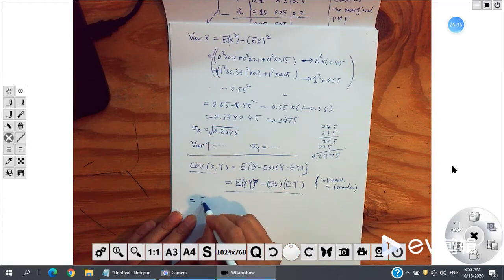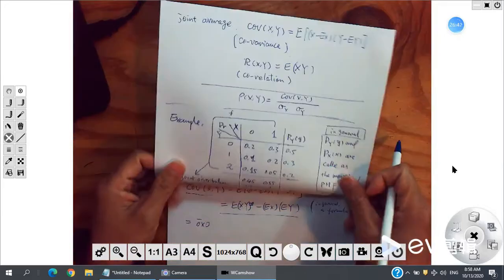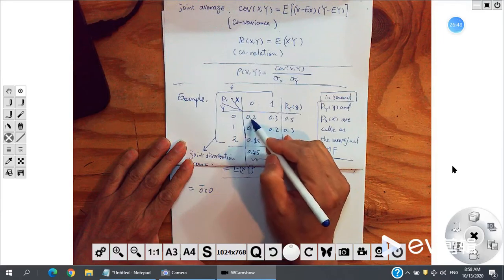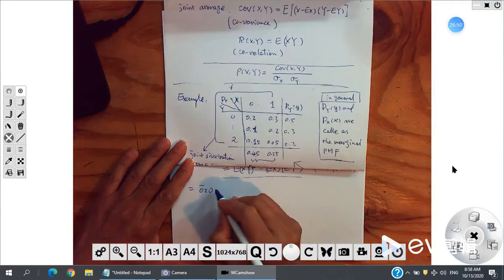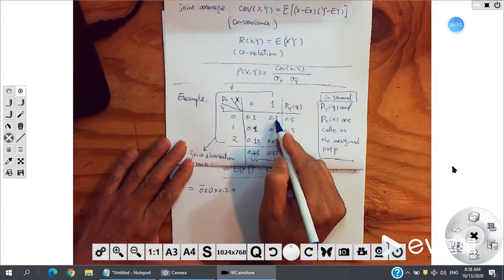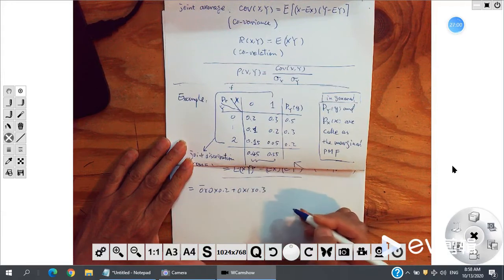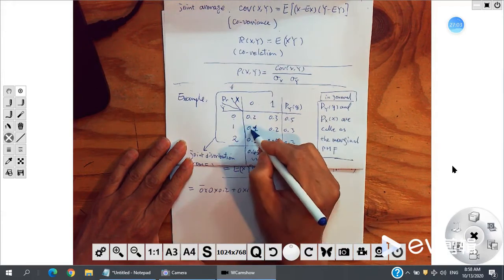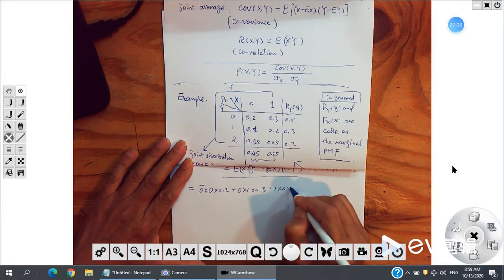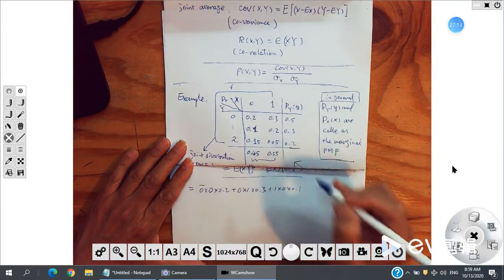So I have 0 times 0 right here, with probability 0.2. And 0 times 1 with probability 0.3. And similarly, 1 times 0 with probability 0.1. And 1 times 1 with probability 0.2.